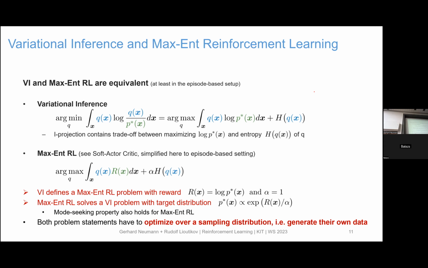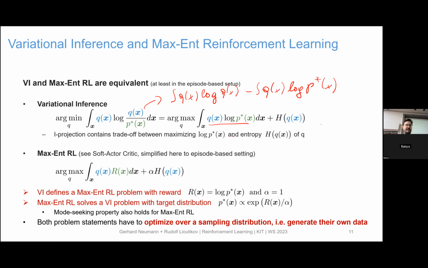So in variational inference, we had q of x log q of x minus q of x log p star of x.